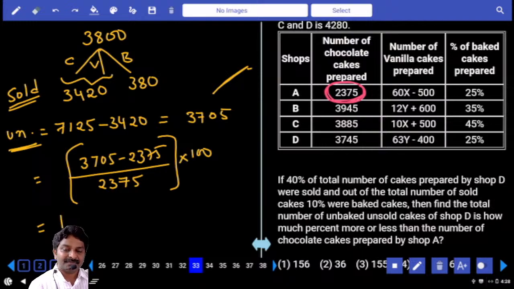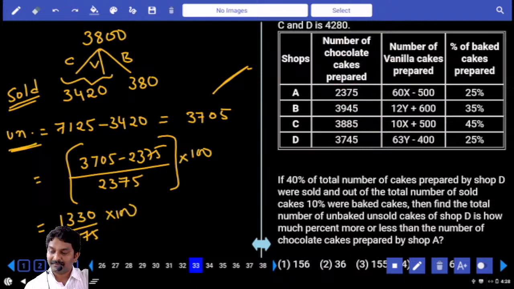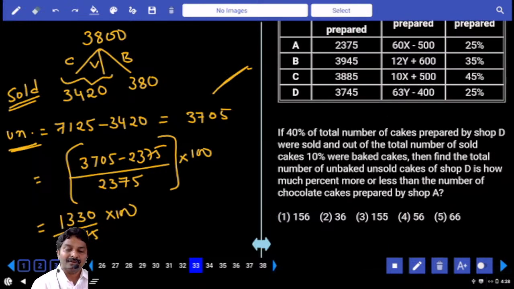Yes, 1,330 by 2375 into 100. Right. 50% of the denominator, what is that? 117 something.